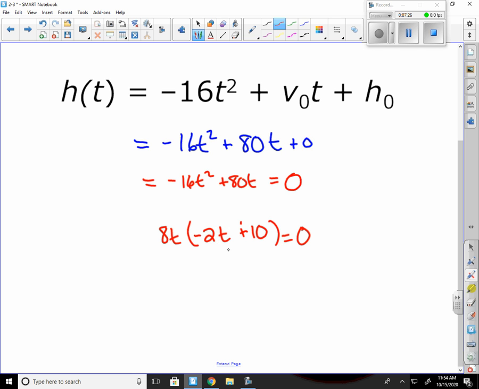So basically I can go one more step and divide both of these by negative 2. If I pull a negative 2 out in front, negative 2 times 8t gives me negative 16t. This now leaves a positive t. And then because I'm dividing by a negative, that's going to make this a negative 5.